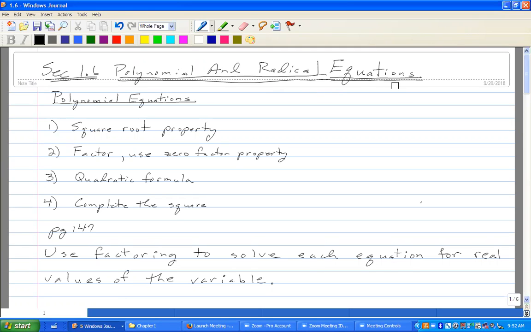Polynomials and radical equations. So first, let's recall the techniques to solve polynomial equations. This is actually quadratic equations.